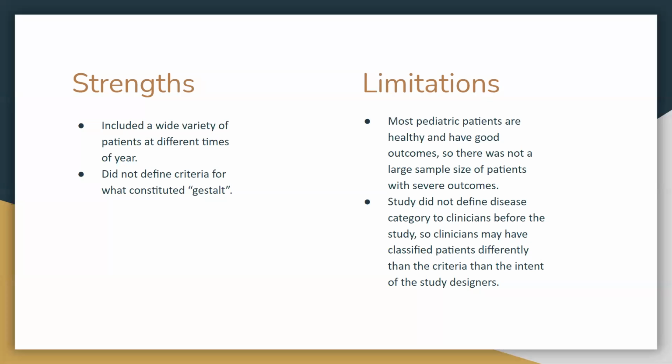And then looking at the article, it looks like they didn't even tell the clinicians what they meant when they told them to categorize them into this disease category of mild, moderate, severe, and very severe. So it's also possible that the physicians who were part of the study were thinking differently compared to what was intended by the people who created the study.